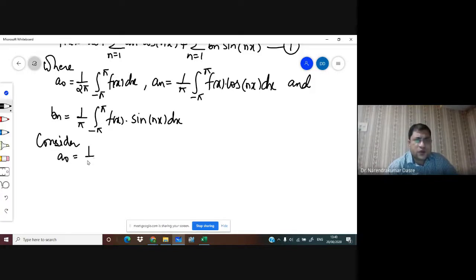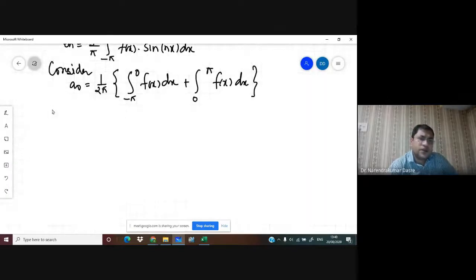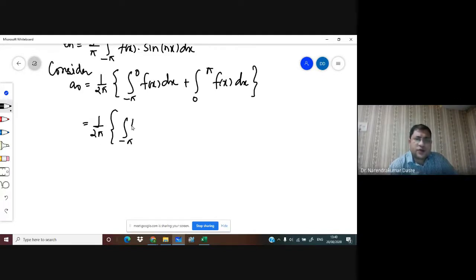a0 is equal to 1 upon 2 pi. So we have 0 as a point of discontinuity. So we have to split this integral into two parts, one from minus pi to 0 and the other from 0 to pi of f of x dx. Okay. Now let us integrate this. So we have 1 upon 2 pi, minus pi to 0.